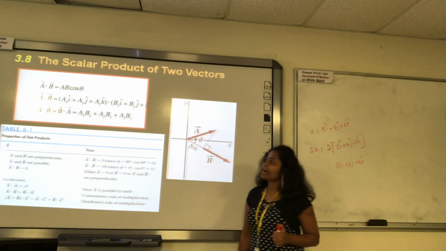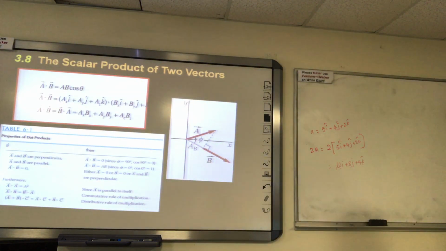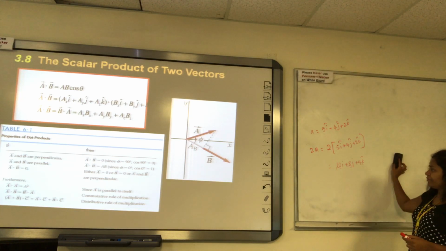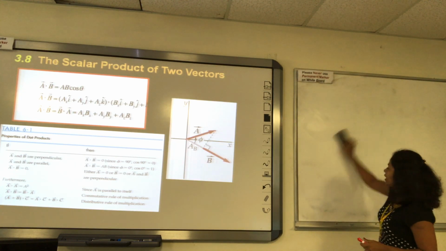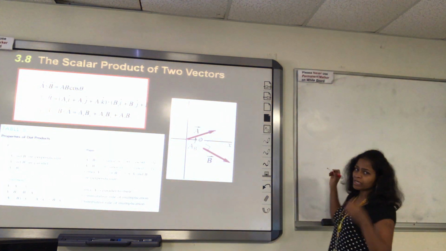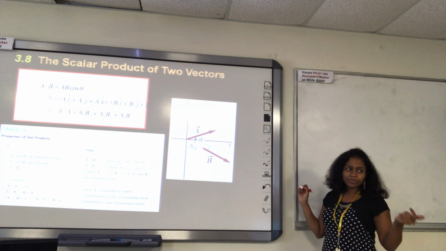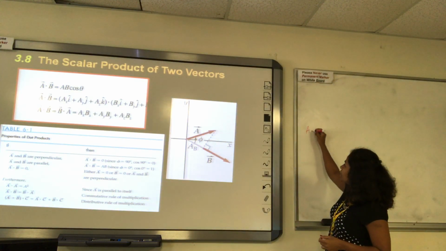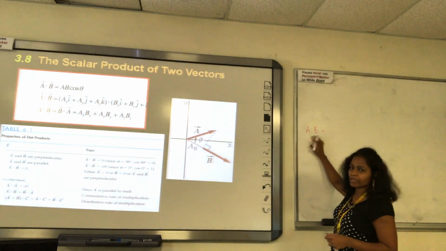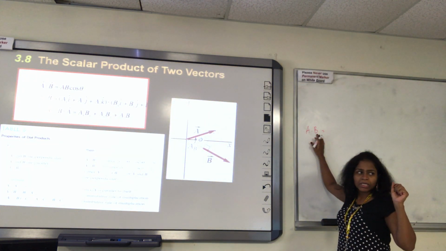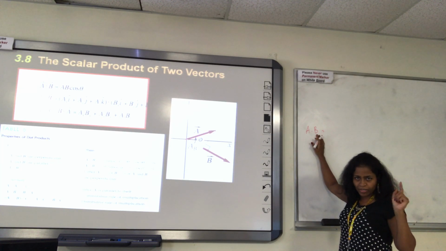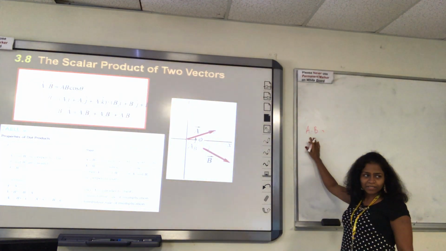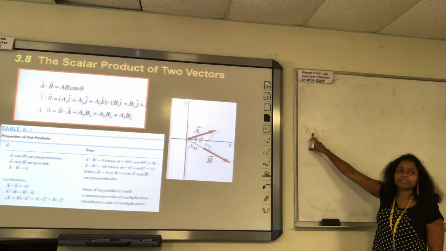Now if you have to do the scalar product of two vectors, if you want to multiply two vectors, that is called a dot b. If you want to find out just the magnitude, you do it this way, a dot b. If you want to get a scalar number as an answer, not a direction, then you do multiplication like this, and always make sure that you see a dot.